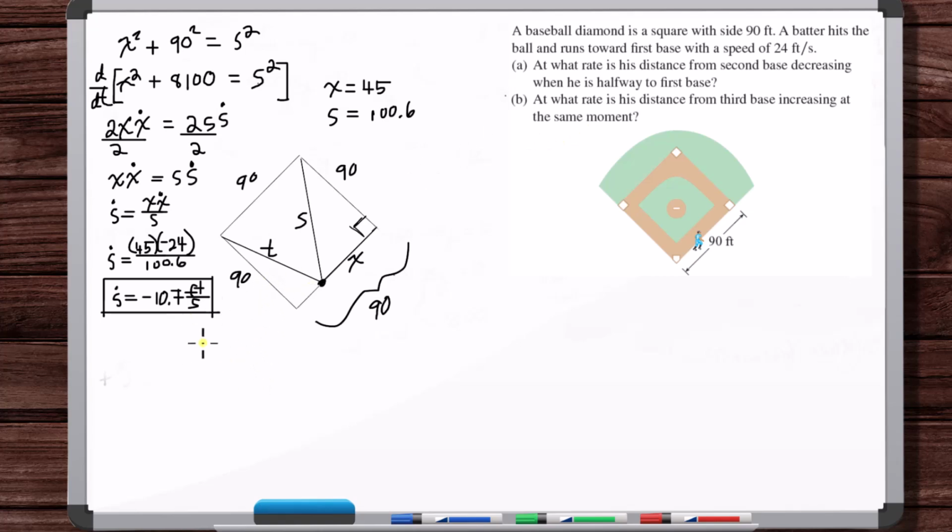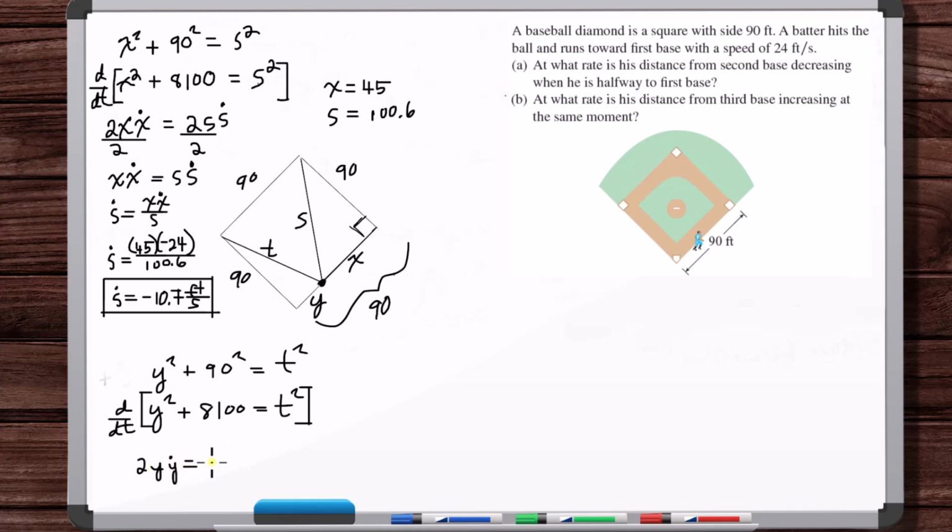Same process. If we call this y, then y squared plus 90 squared is equal to t squared. So we've got 2y, y dot is equal to 2t, t dot.